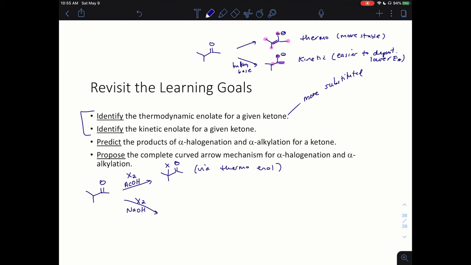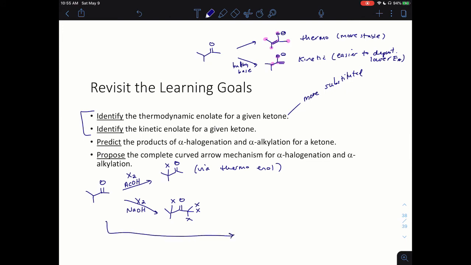And then under basic conditions, you will have halogenation at all because after that first reaction, then it's more acidic, so it keeps going.